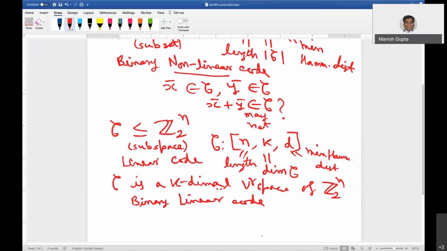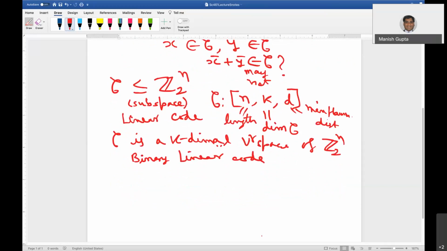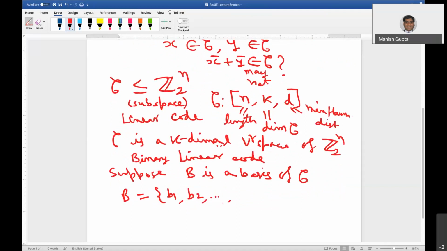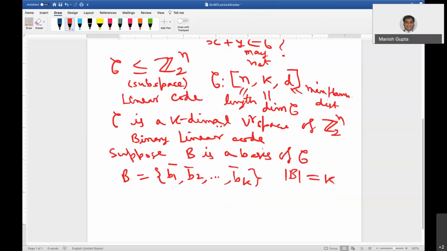So the basis of C, suppose B is a basis of C. That means B will be a set of k vectors b1, b2, ..., bk, so the cardinality of B is k, such that two conditions are satisfied.